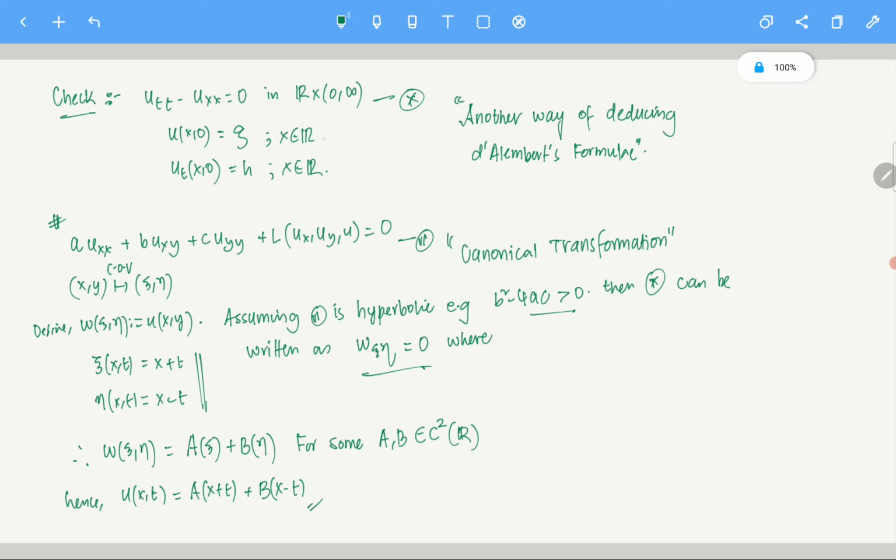Put the initial conditions, u at the point x, 0 is g and u t at the point x, 0 is h. Put the initial conditions on u of x, t and deduce D'Alembert's formula. Clear? So this is another way of looking at D'Alembert's formula, via canonical transform.